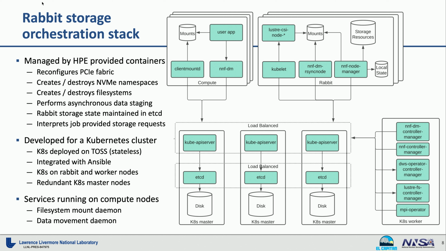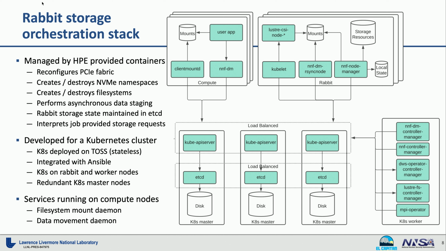This rabbit storage also handles things like asynchronous data staging, keeping track of the state of the rabbits, and that's all provided in the form of containers, which are then in turn managed by Kubernetes. So wish us luck on the Kubernetes part. This will be new for us.